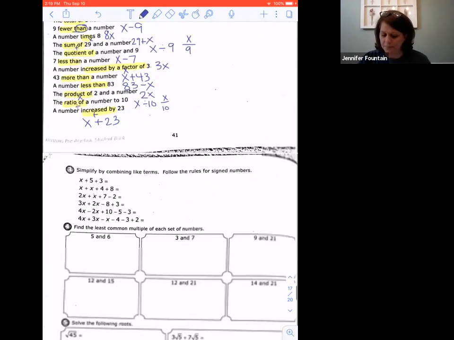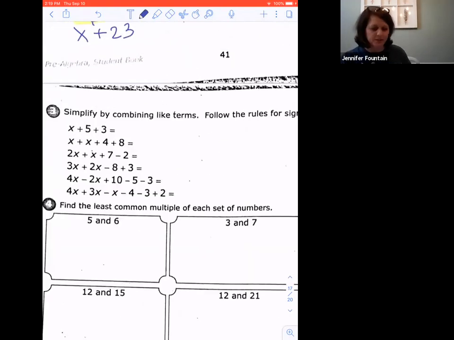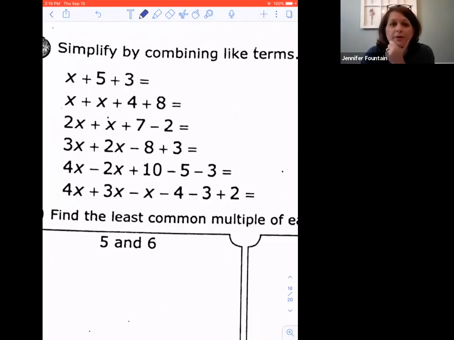All righty. Now what I want to do is go ahead and work on activities 3. We've only got about 5 or 6 more minutes left. I want us to practice combining like terms. In activities 3, I have x plus 5 plus 3.